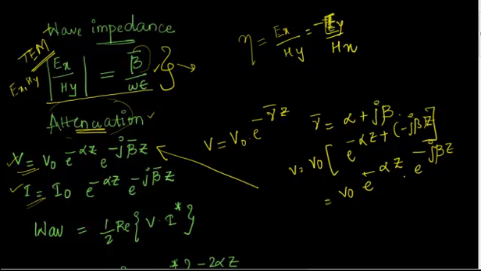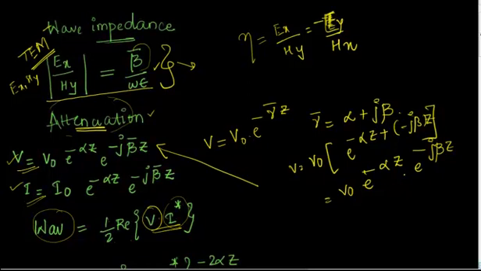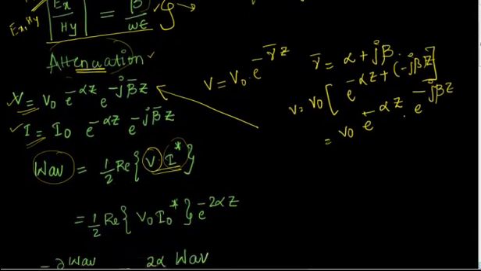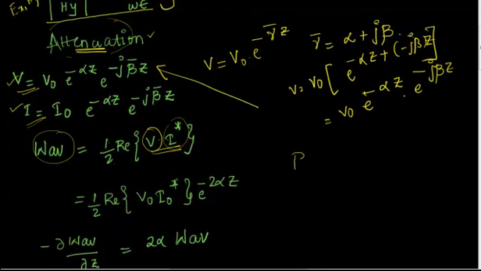So now we can write the power as half the real part of the multiplication of voltage and the conjugate of current. This is the relation that we usually write for power. Power, the pointing vector, is E cross H. Now this is half into the real part of this, where 1 and 2 can be substituted here.